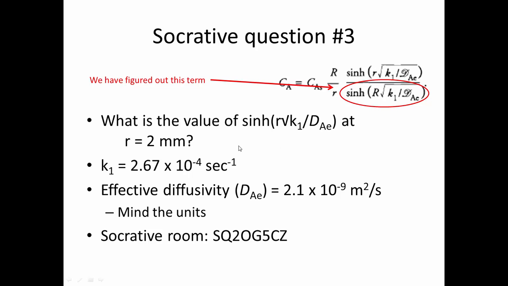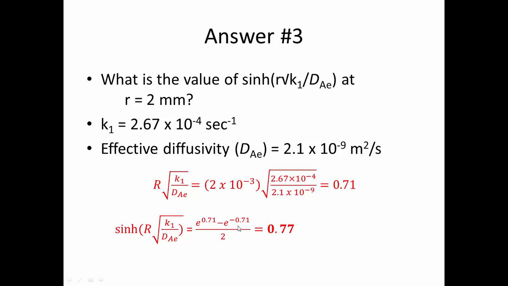So we figured out the sinh of this term here. Now we need to do the same for this one. So we have a little r at 2 millimeters. We have our K1, our first order constant, and our effective diffusivity. So we should be all set. We just have to keep track of our units and figure out what the top term is.